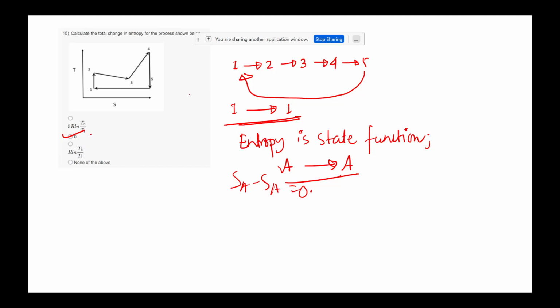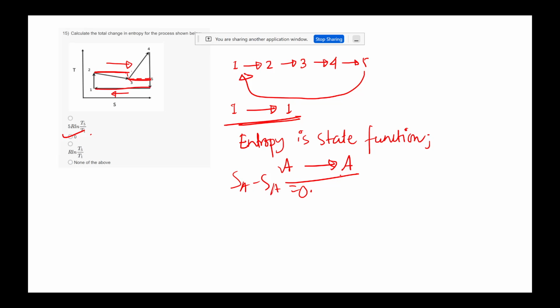You can see from the diagram also: here entropy doesn't change, and here entropy doesn't change because this is along this axis. Here it decreases, then increases. If you get the slope from this, this total length and this length is always similar to this length.